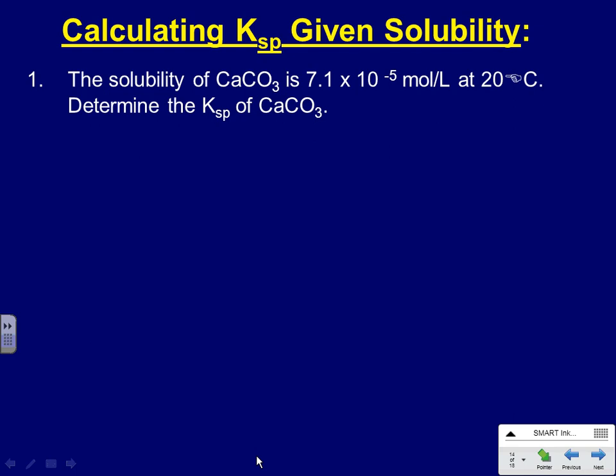Again, you don't have to write it out. You could just go with knowing that this is a particular type of salt and get the equation. But it doesn't hurt to write it out to see what type of salt it is.